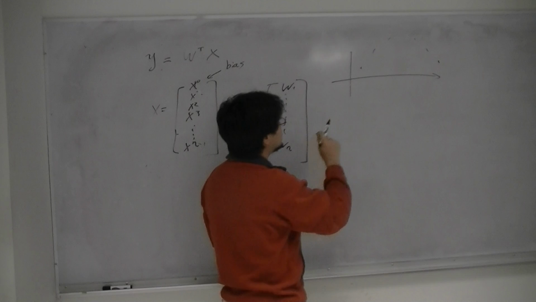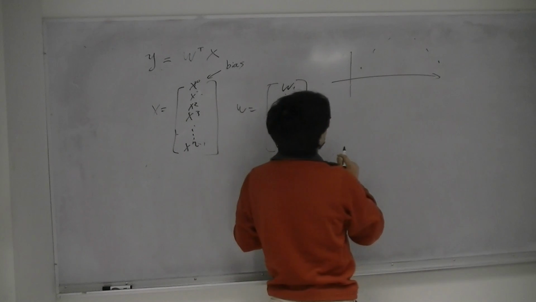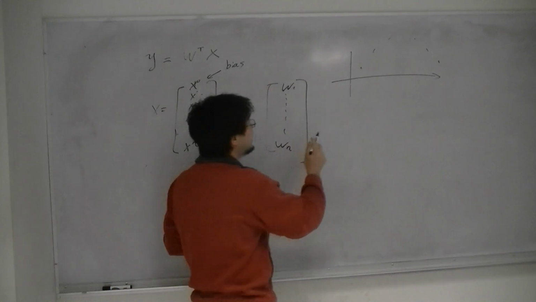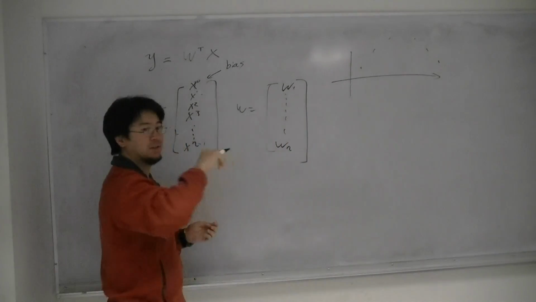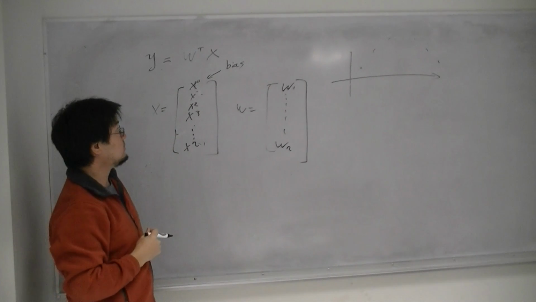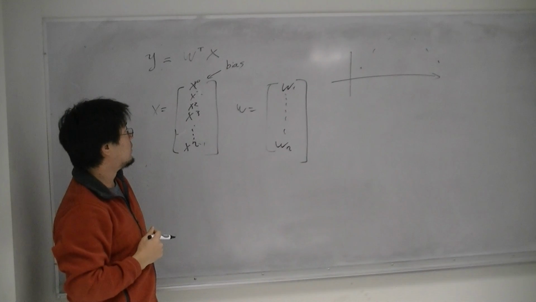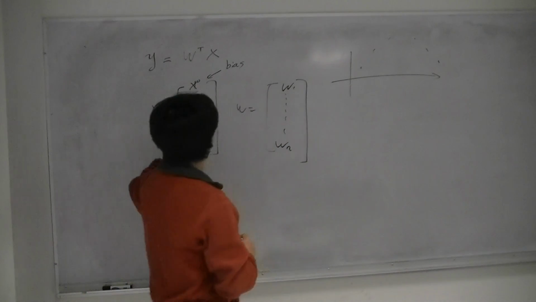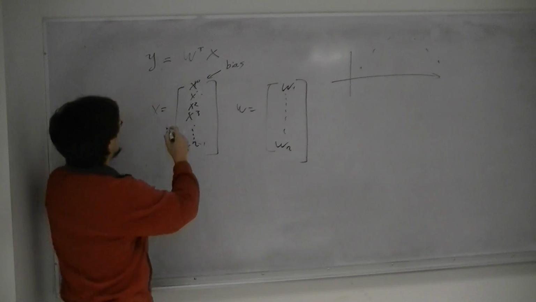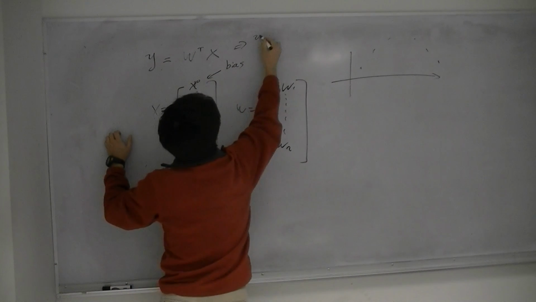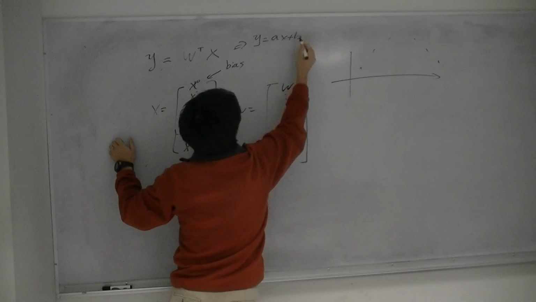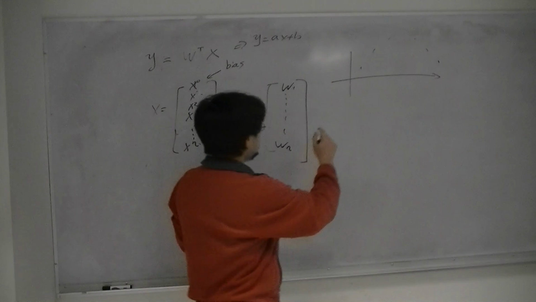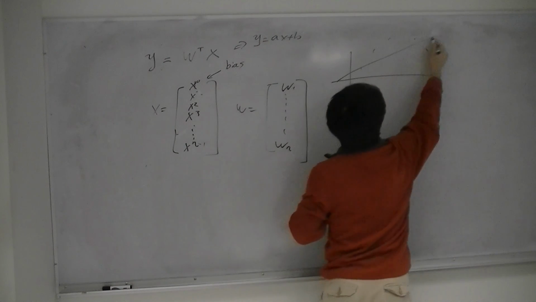So one way to model this, maybe I can just ask some questions. How to choose this n according to this data? We can choose, for example, just 2 terms. In that case, y is equal to ax plus b. If you only keep 2 terms, this is going to be a line like this.